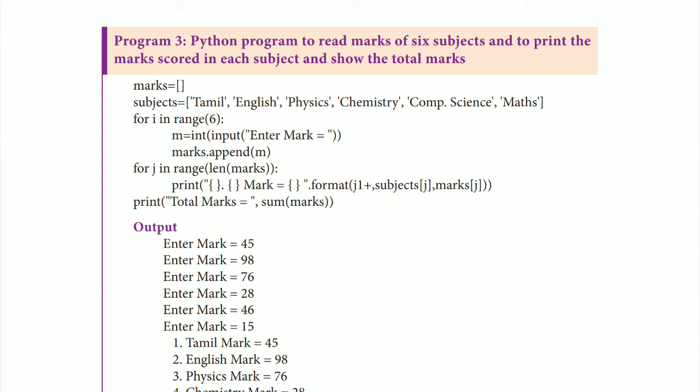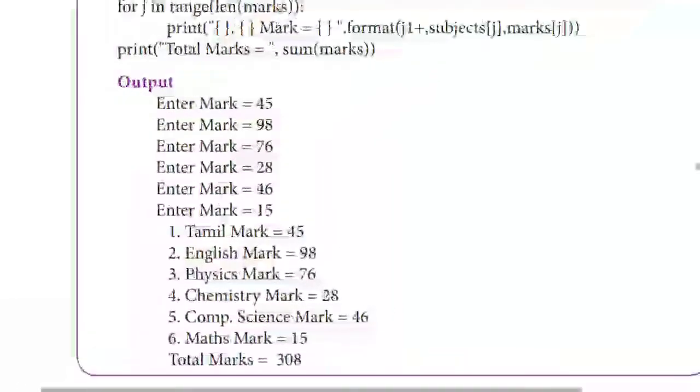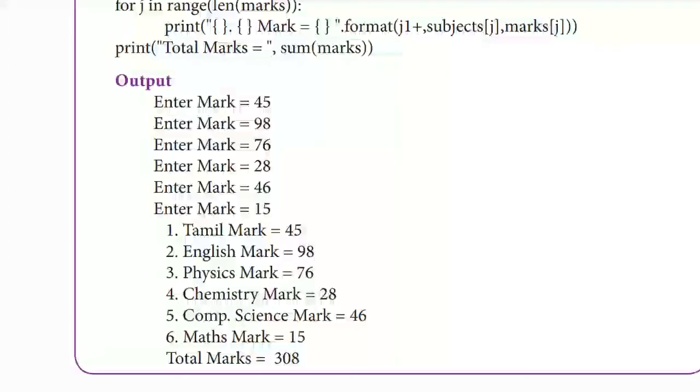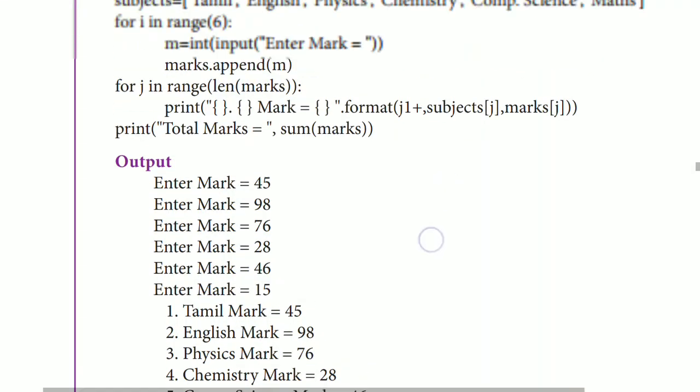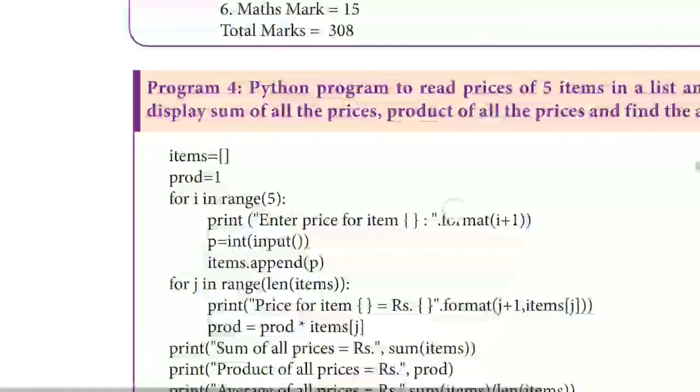You have to use the marks of 6 subjects and find the total of it. Here you can see that they are getting the mark of every subject in the output, displaying the marks in the next output, and the total of the marks. Okay, so this is another example.